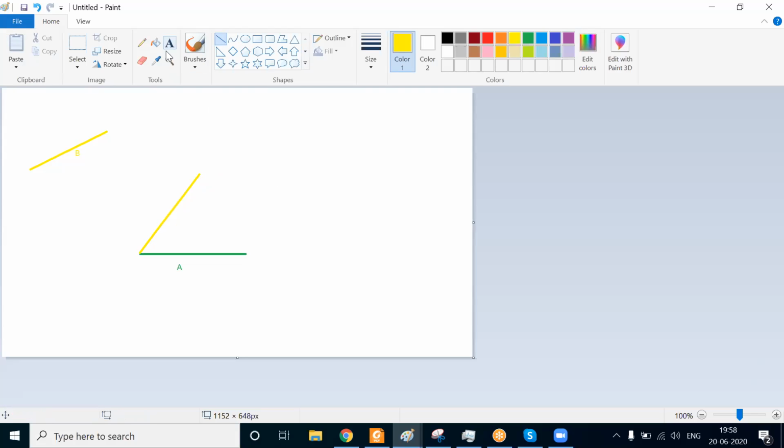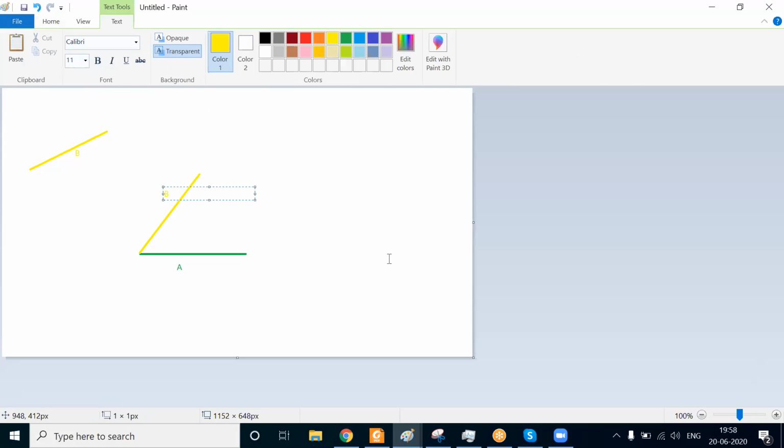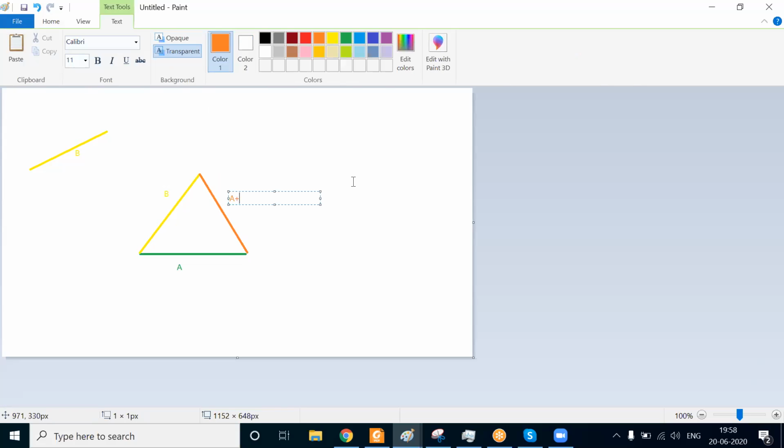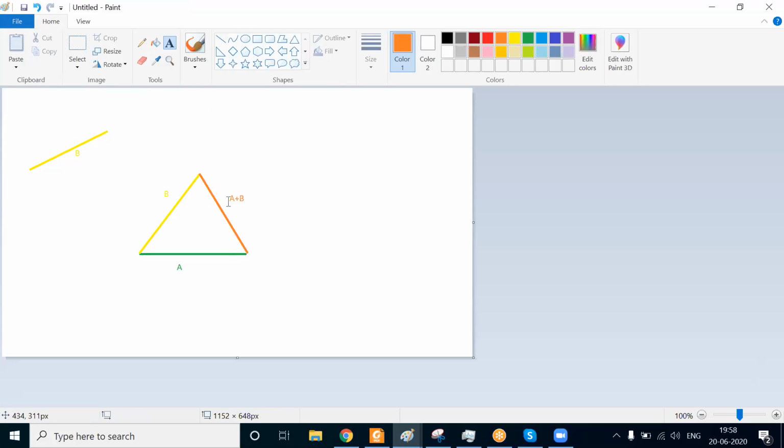Now A plus B will join this. This is A plus B, the orange mark. But if I do A minus B, this is B, and I need to make it into the reverse direction.